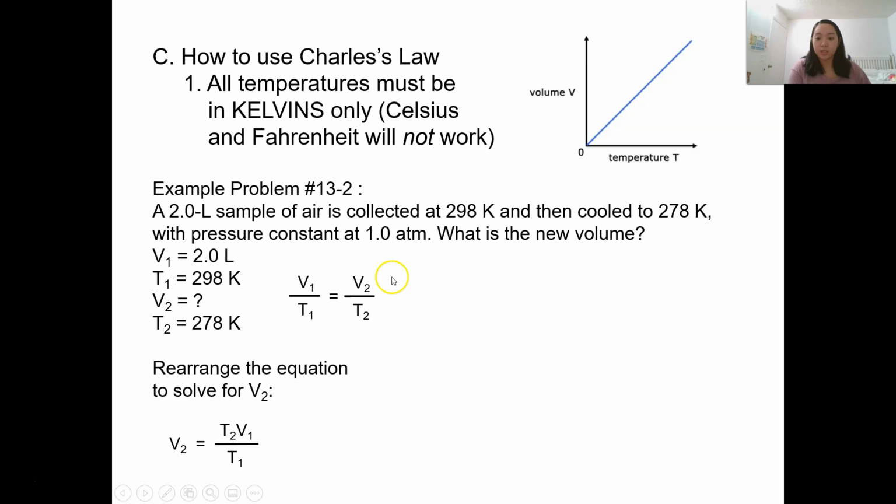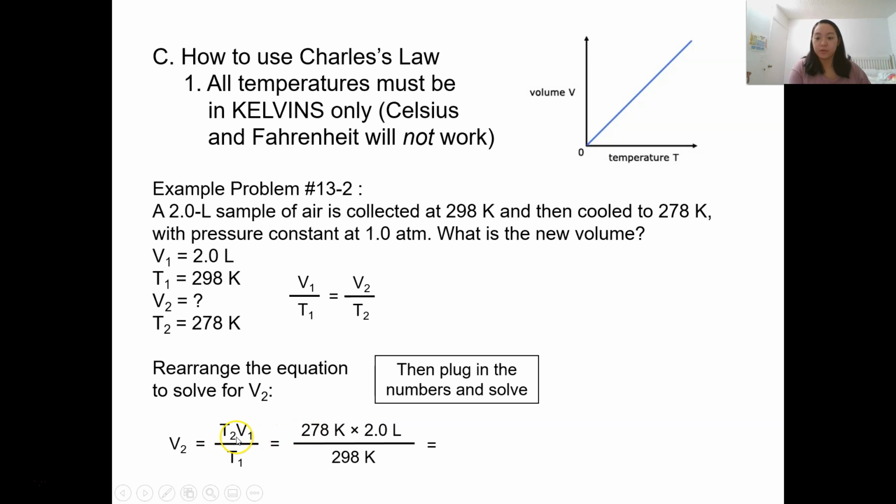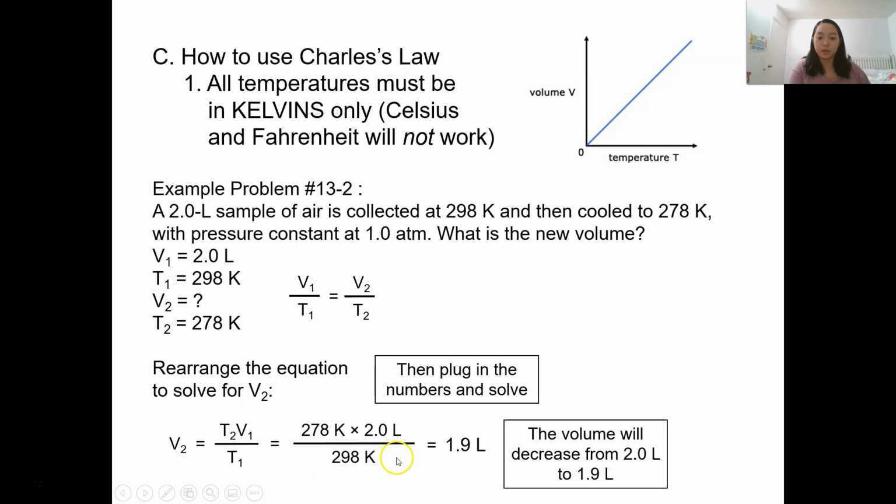And that gives you this little rearrangement. Then you just plug in the numbers and solve. So T2, 278 K, times V1. V1 is 2 liters. T1 is 298 K. You plug that in, and there you go. 1.9 liters is your final answer.